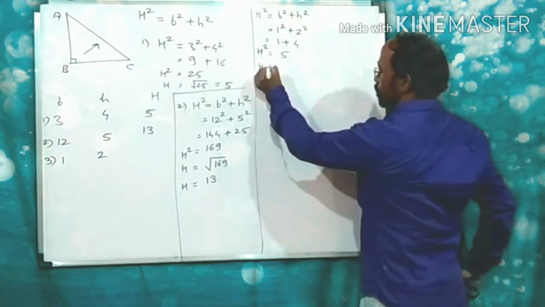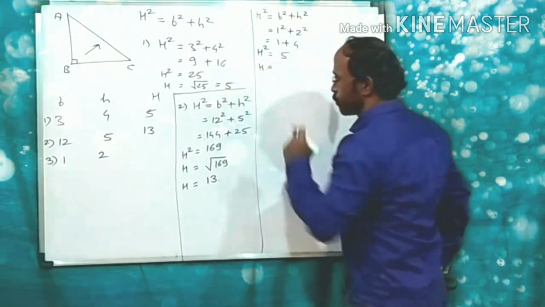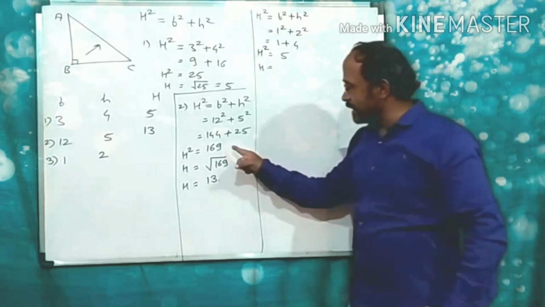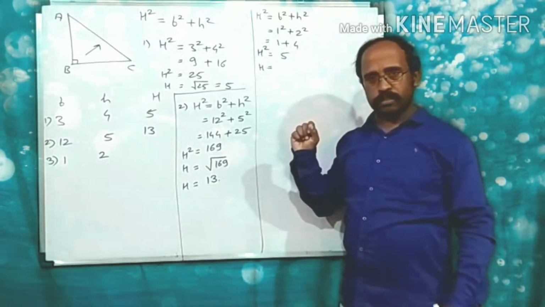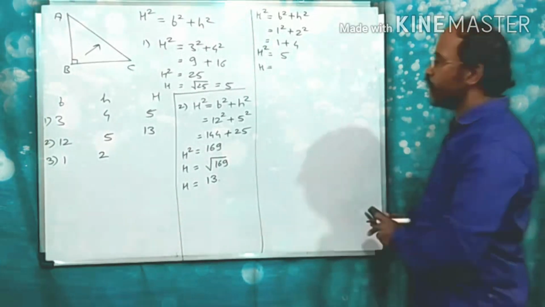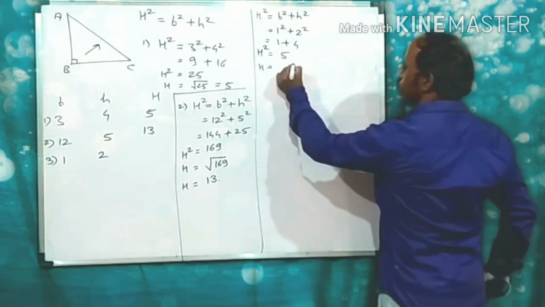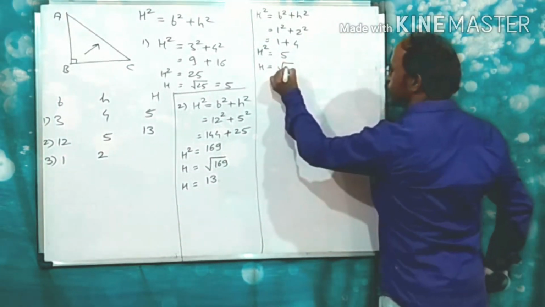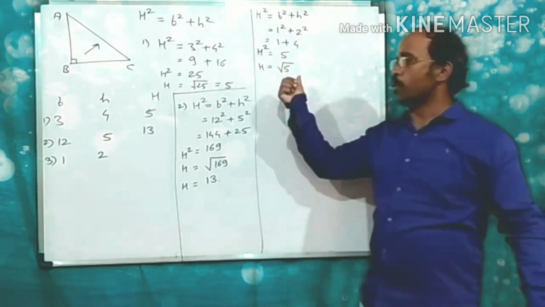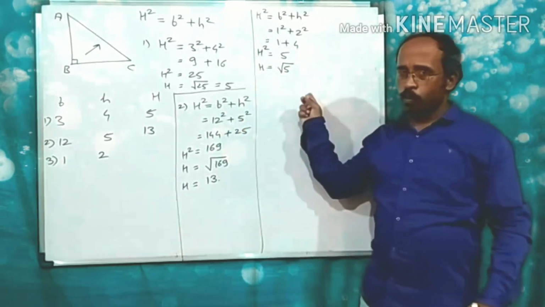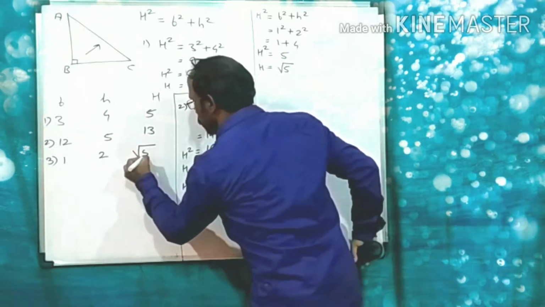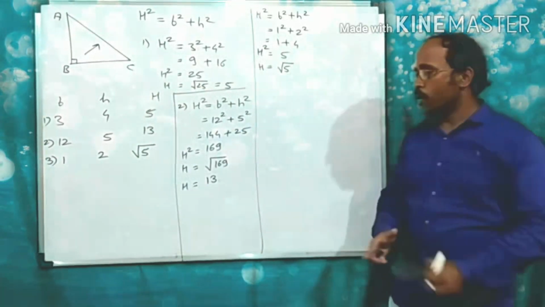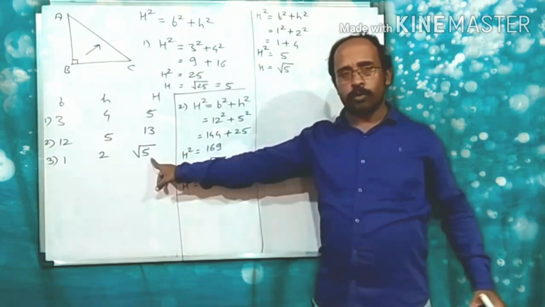To find the hypotenuse, in this example we find the square root of 25. In this example we find the square root of 169. So in this example we have to find the square root of 5. So hypotenuse is equal to root 5. Why have I written root 5?